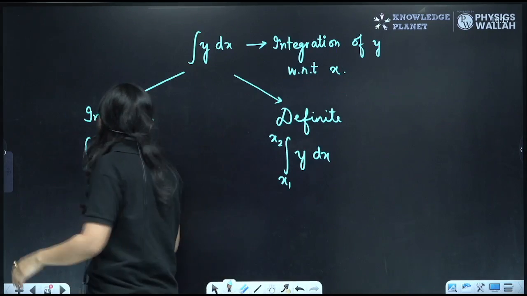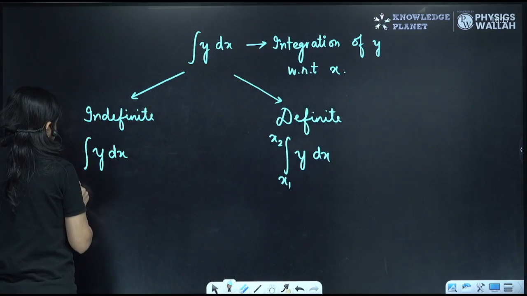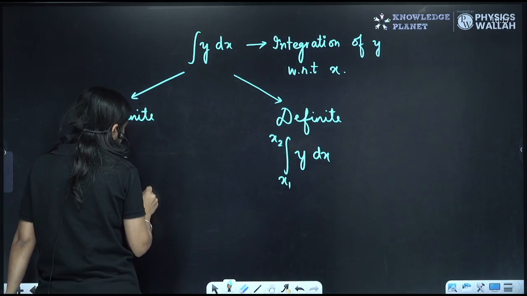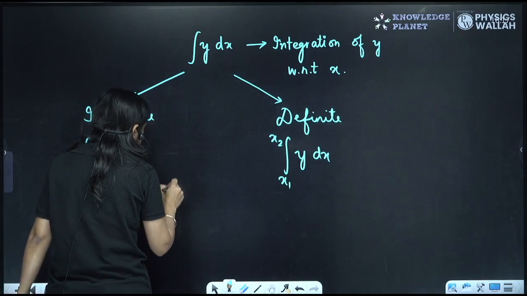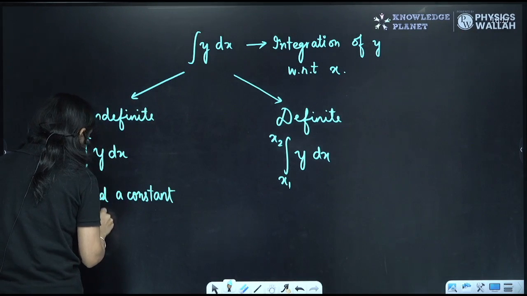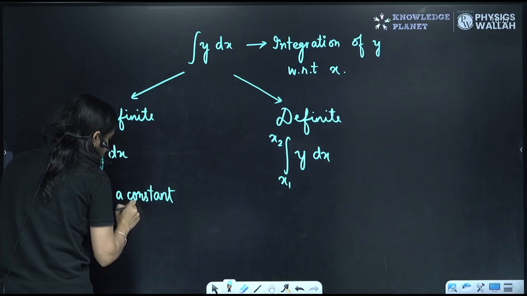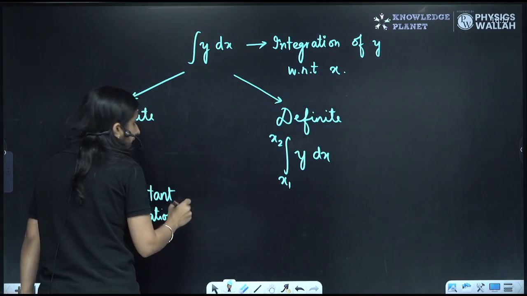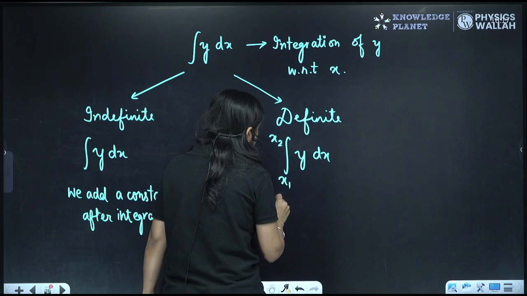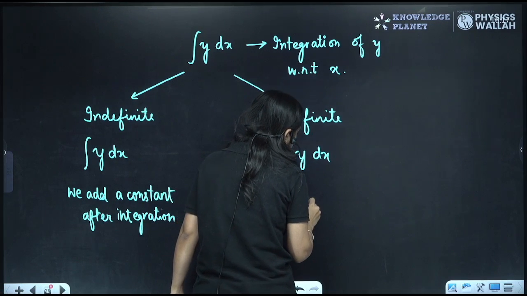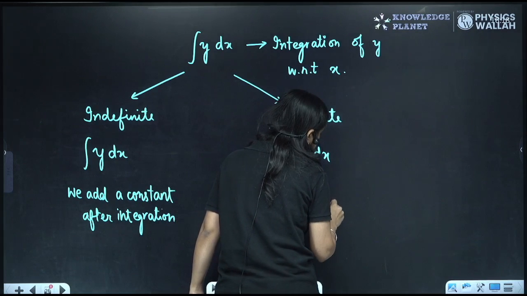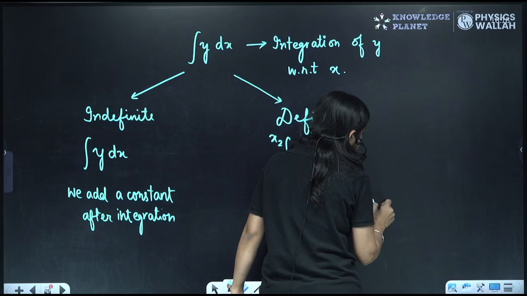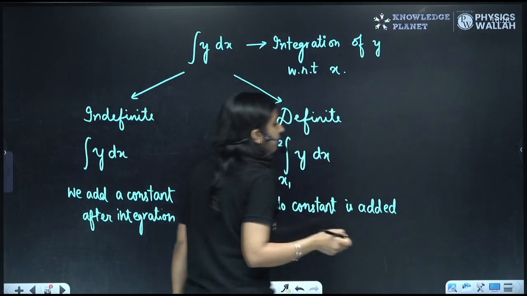In indefinite integration, we add a constant after integration. In definite integrals no constant is added because the constant is compensated when we put in the limits.